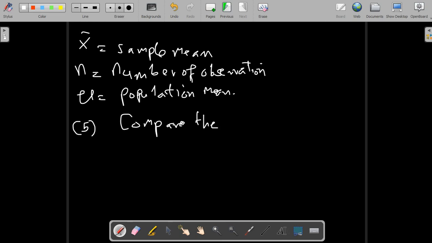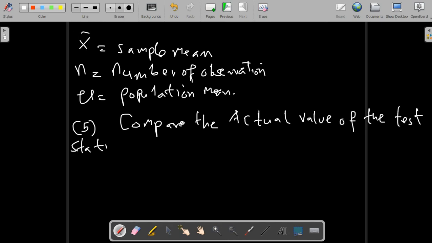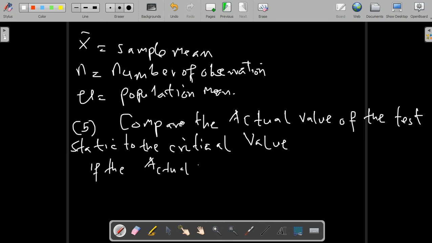The last step is to compare the actual value of the test statistic to the critical value. From this last step, if the calculated value, the t calculated, is greater than the critical value, we reject the null hypothesis.